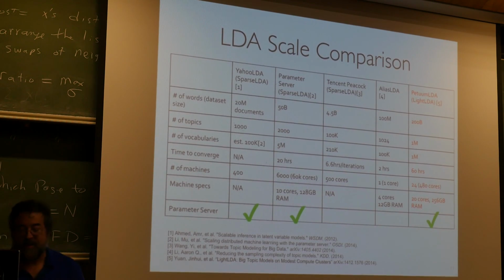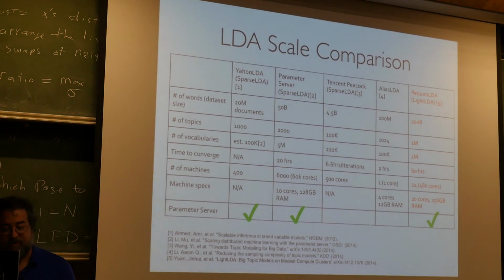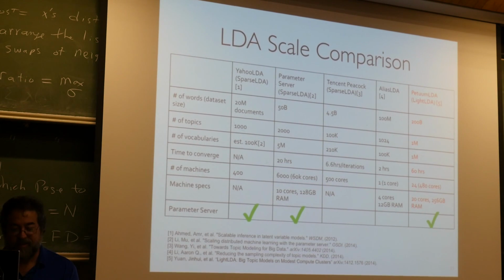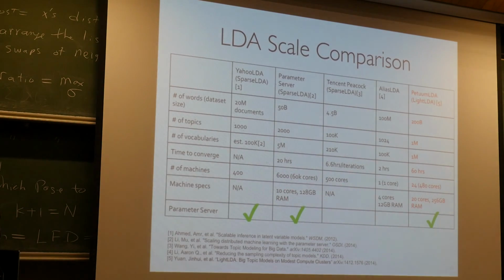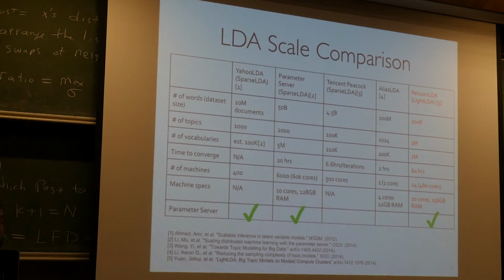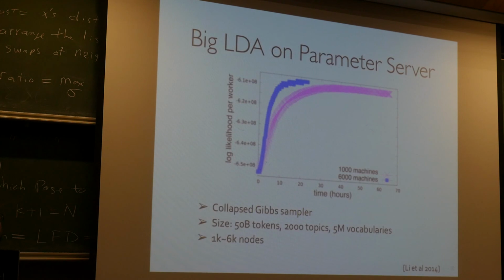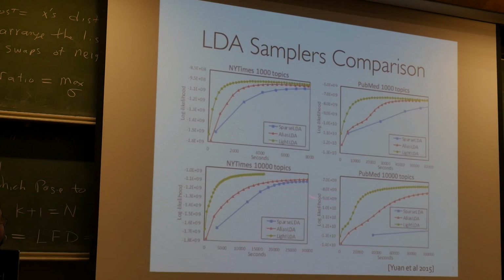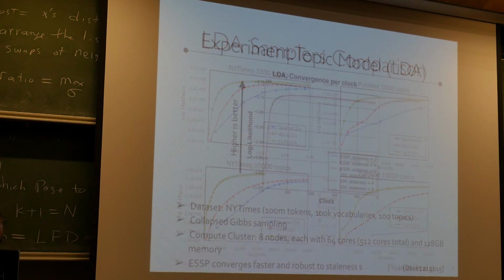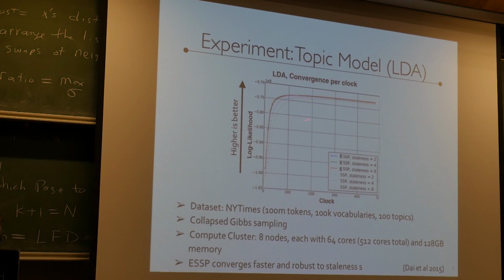So that's basically the last little step. These are different LDA experiments, and I guess the point of these is just to show you that this is an extremely scalable approach to distributing the computation.